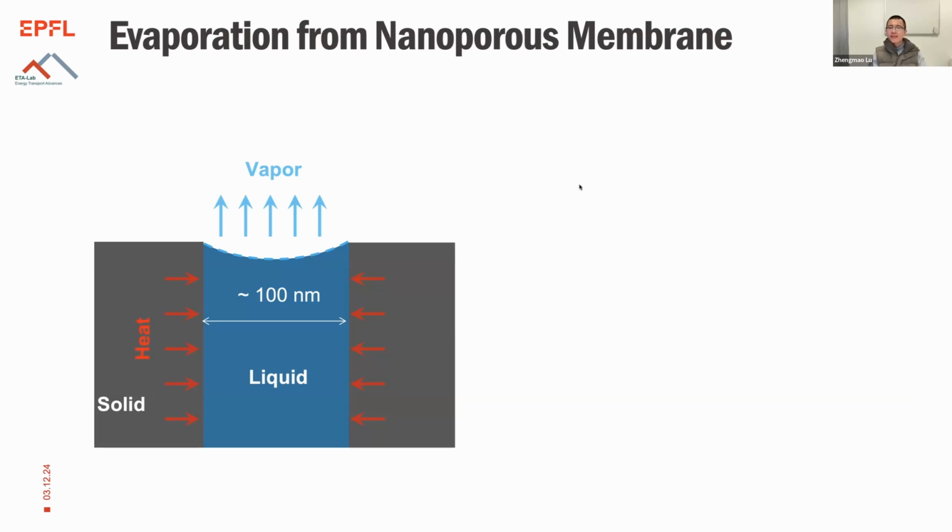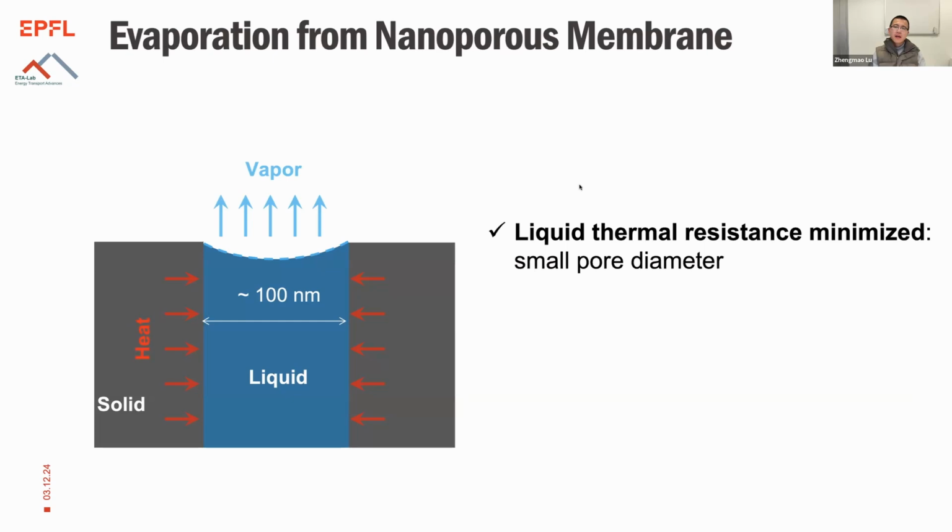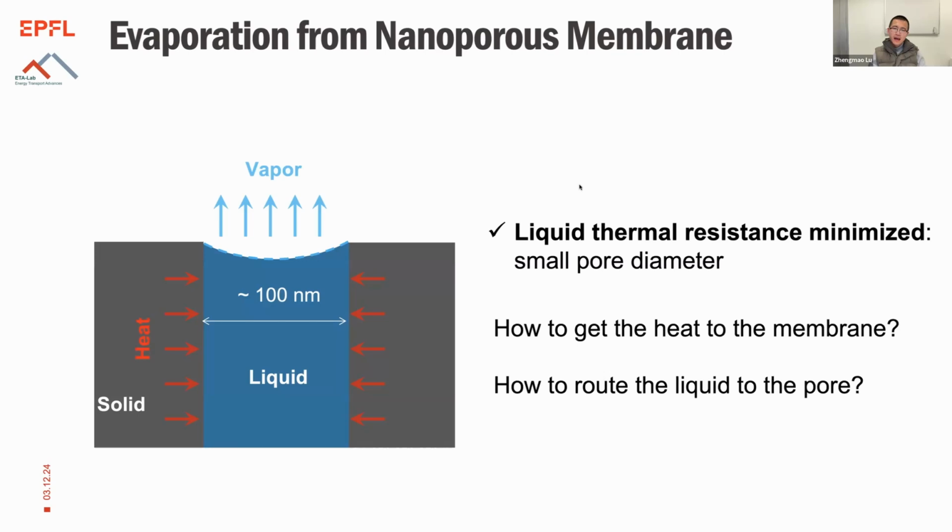If we somehow put the liquid there and somehow route the heat there, just because of how small the pore is, the liquid thermal resistance in this configuration will be rather small. So this unit itself, from the solid to the vapor, will have a very high heat transfer coefficient, very low thermal resistance. The question for us is, how do we get the heat to the membrane, and how do we route the liquid to the pore?